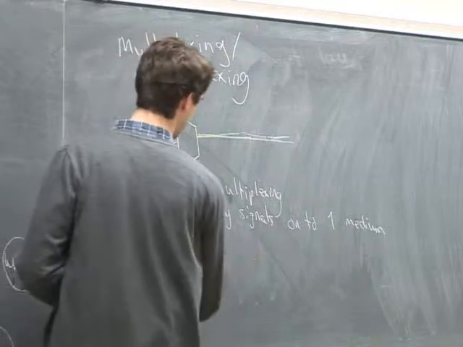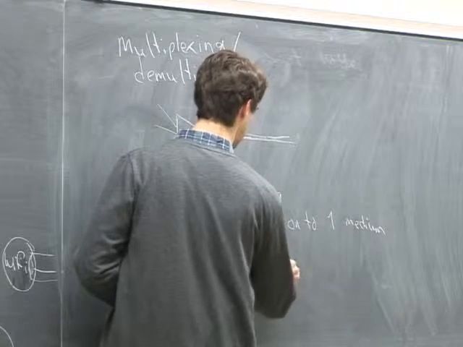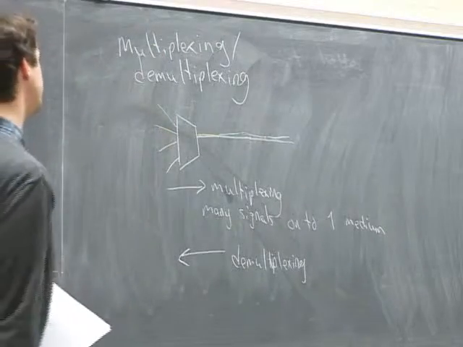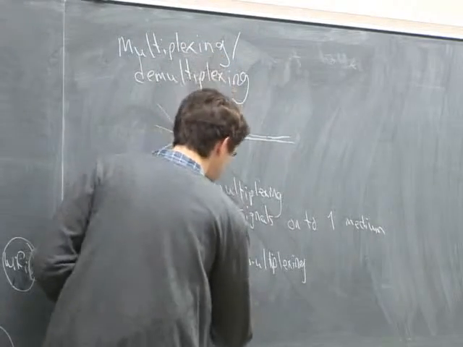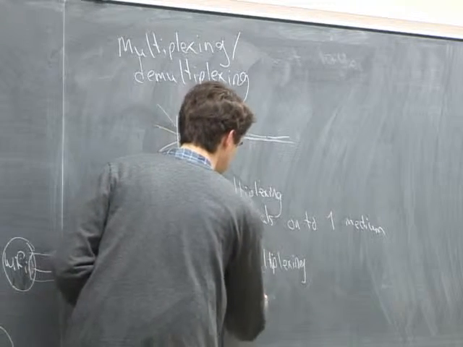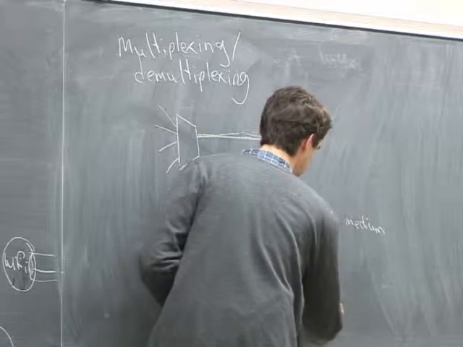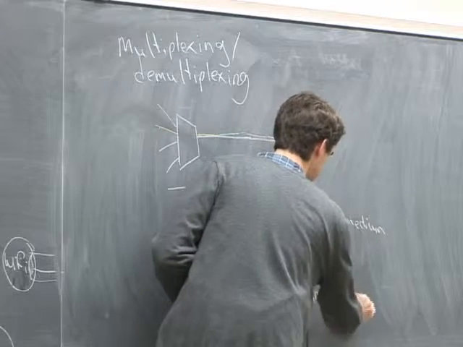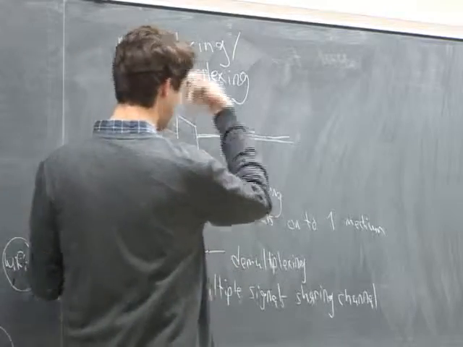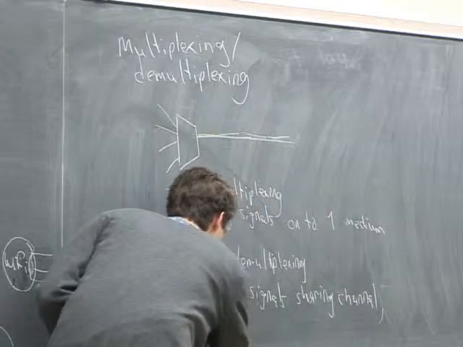And then demultiplexing goes the other way. Demultiplexing takes these multiple signals sharing a channel and separates them.